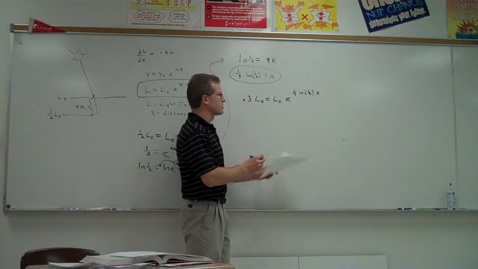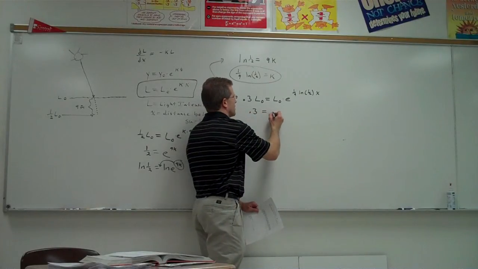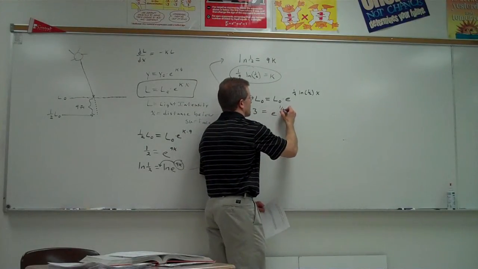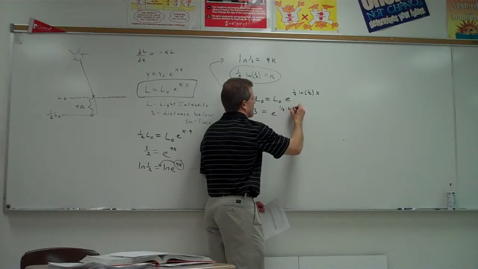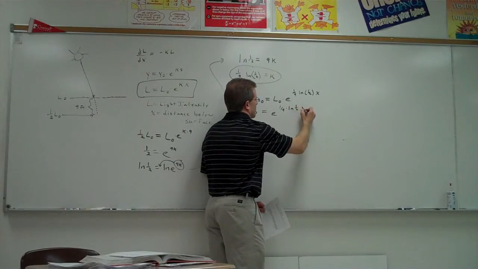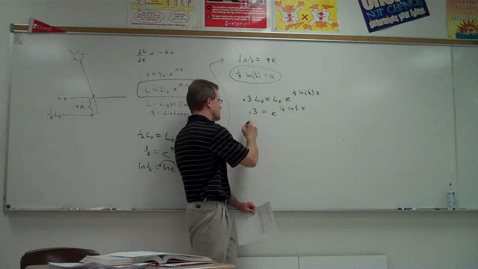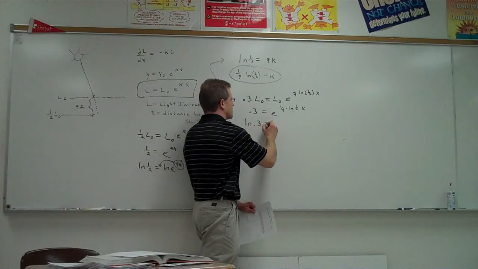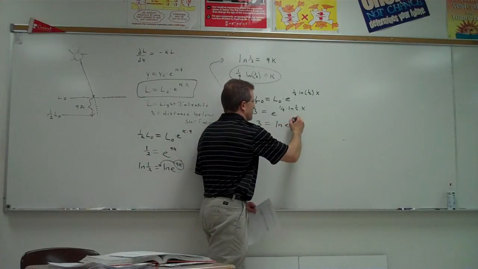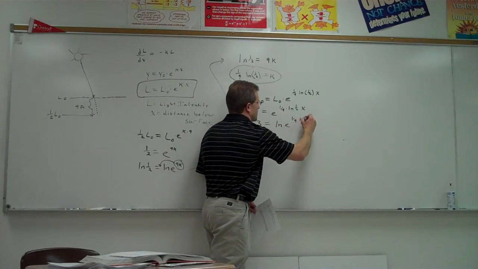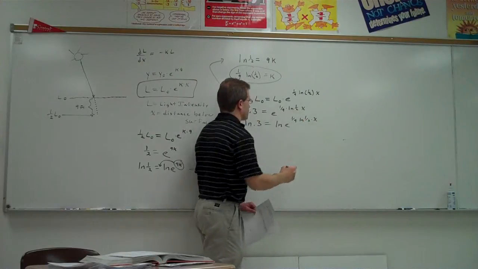Divide by L sub 0 on both sides. That would leave you with 0.3 equals e to the 1/9 times natural log of a half, x. What's the next step? Natural log both sides. Natural log of 0.3 equals the natural log of e to the 1/9 natural log of a half x.